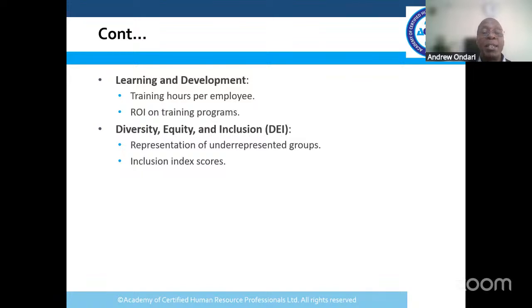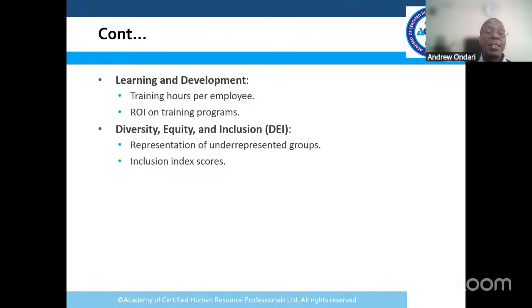Actually, what is happening in the industry today, many organizations are not focusing on degrees. They are focusing on diplomas. Why? Because these people are easy to train and they are practical oriented. So if you emphasize degrees, then you lose out on your potential candidates, especially those who have practical experience.